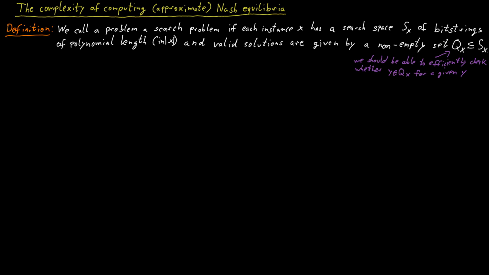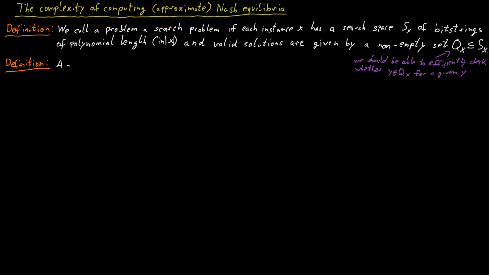And in the case of other complexity classes like NP and so on, we heavily use reductions to make arguments about the relationship between problems. And also for search problems, we have such a concept of a reduction.